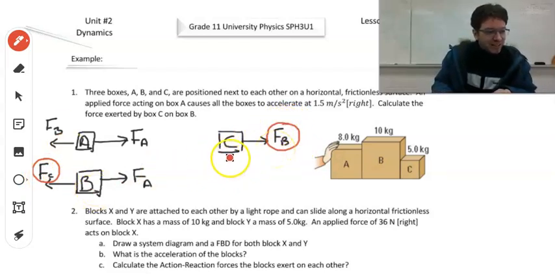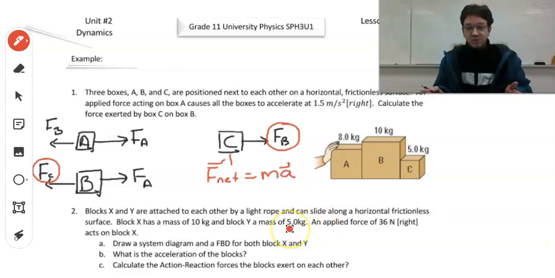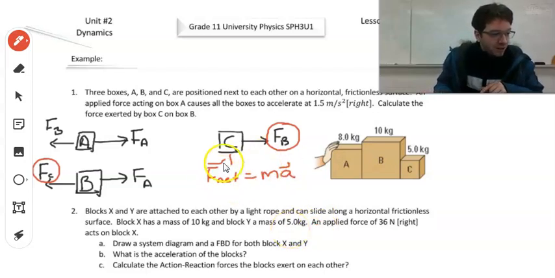So I'm going to do Newton's second law for the free body diagram C, where I'm going to write all the forces, the net force, acting on C, is going to equal mass times acceleration. That's Newton's second law. Okay, what are all the forces acting on C?